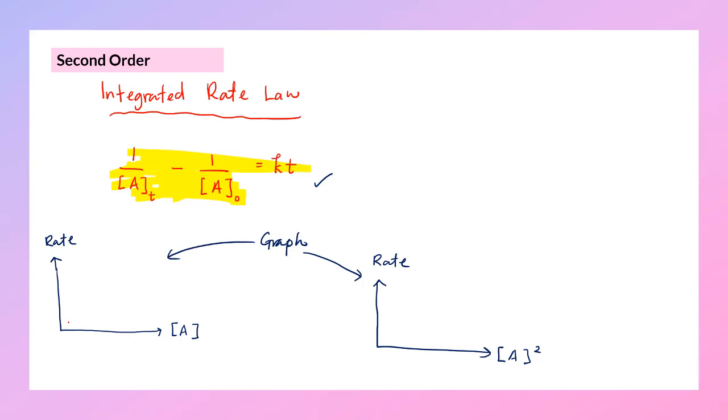If the graph is rate against concentration of A, you will get this graph. If the graph is rate against concentration of A power of 2, it becomes like this, because it is directly proportional to the concentration of A power of 2. This one is concentration of A.